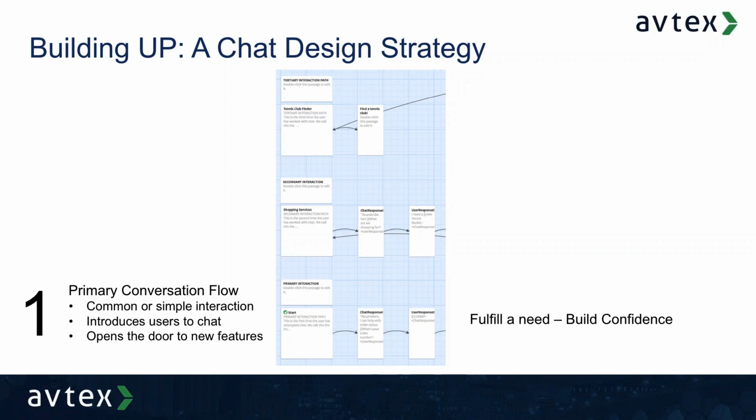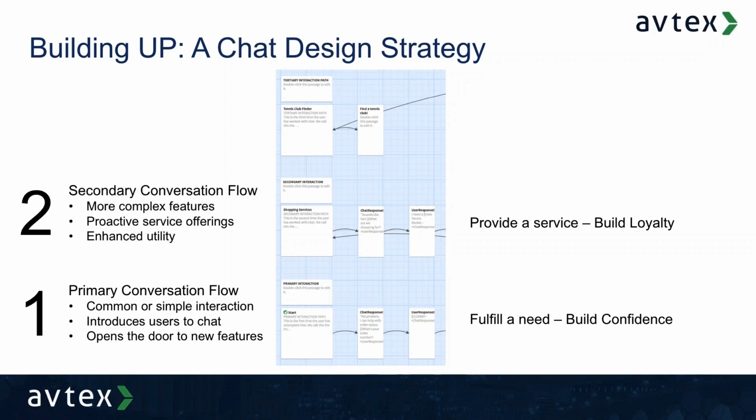When we're able to get their order number and provide them with data back along with the tracking number, successfully getting them the information they need, then we've built confidence. And at that point, at the end of that interaction, we can introduce a new idea to them, and we can say, "Hey, did you know that we have a secondary service?